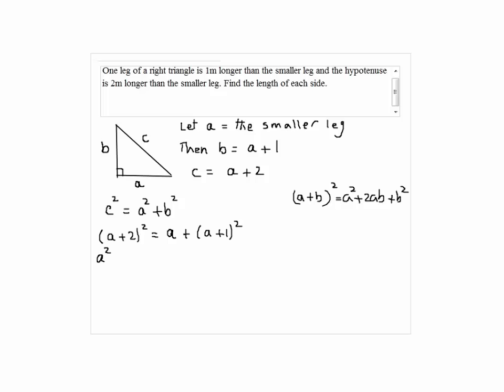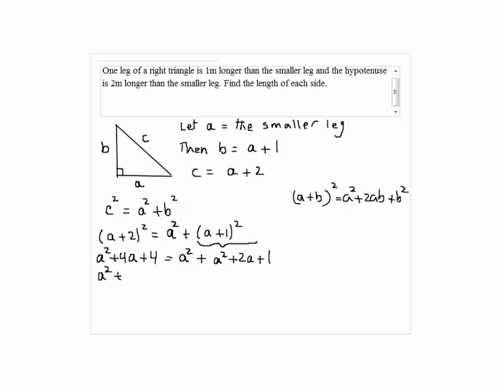So we have a squared plus 2ab would be 4a plus 4, and here we have a squared plus 2ab plus b squared.